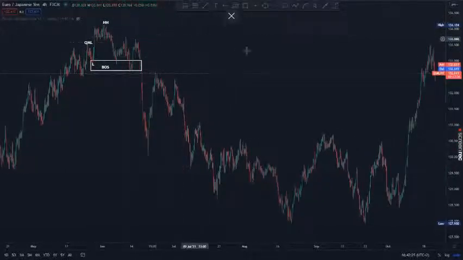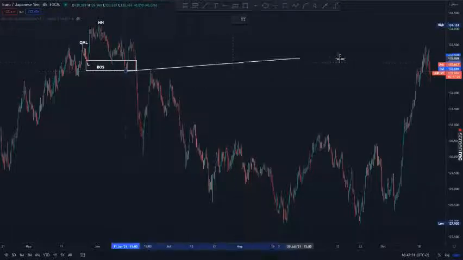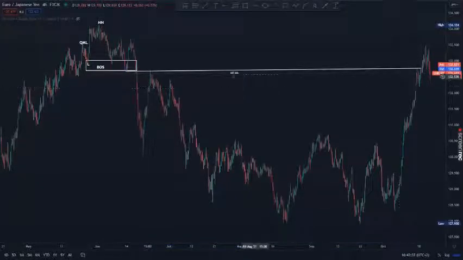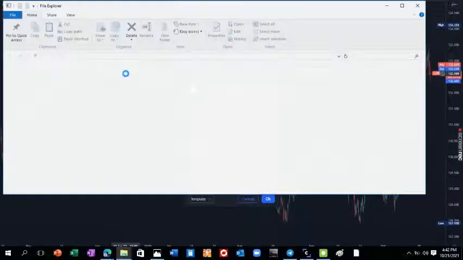This is basically what I need for a basic QML, but I need to find my fake out zone. In this particular one, I had multiple levels of rejection at this particular level. I had a lot of fake outs, a support here, which later became resistance.